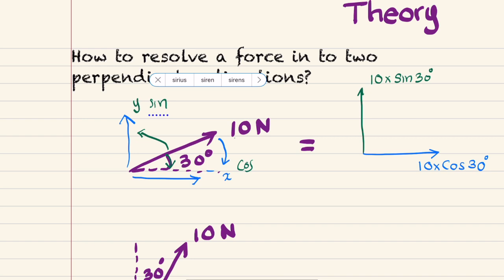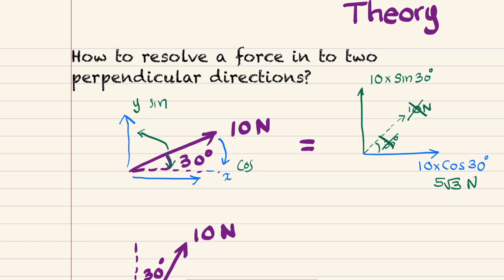So this original 10 newton force that creates 30 degrees with the horizontal can be replaced with the force 10 cos 30 along the x direction. That will be 10 times cos 30, which leads to 5 root 3 newtons.